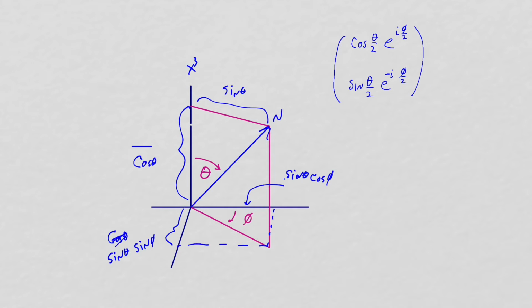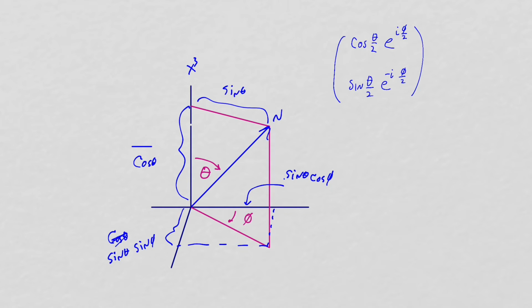So I guess it's worth taking a moment to understand how we interpret this. If we started with a vector n on this Bloch sphere, right? It's a Bloch sphere because n always has unit length. So we know theta and we know phi, because that's how we know n.